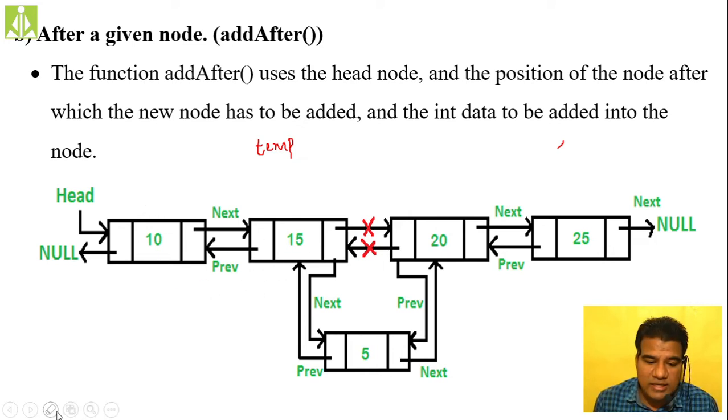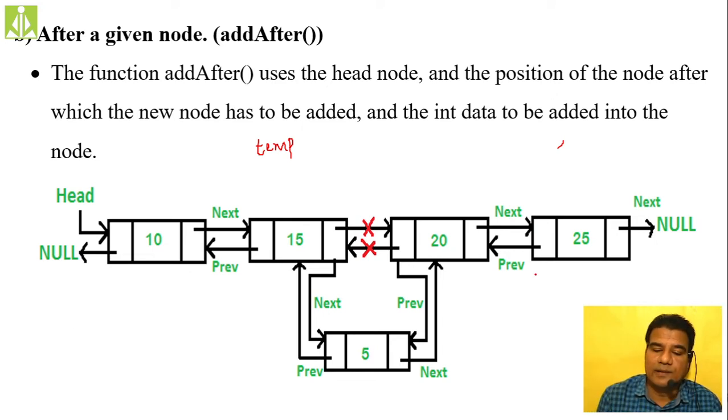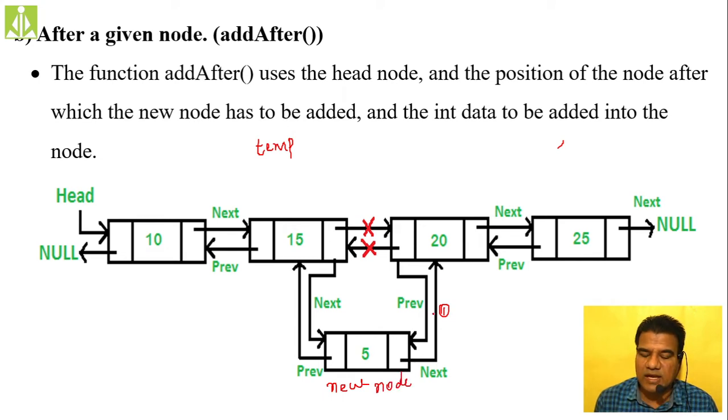See, all the links are clear for us. Whatever links we discussed so far are clear. Only we have an issue with this one. This link we can simply make the first link. This is very simple to put. This node's name is new underscore node, isn't it? So this link we can easily put: new node of next equals to temp of next.